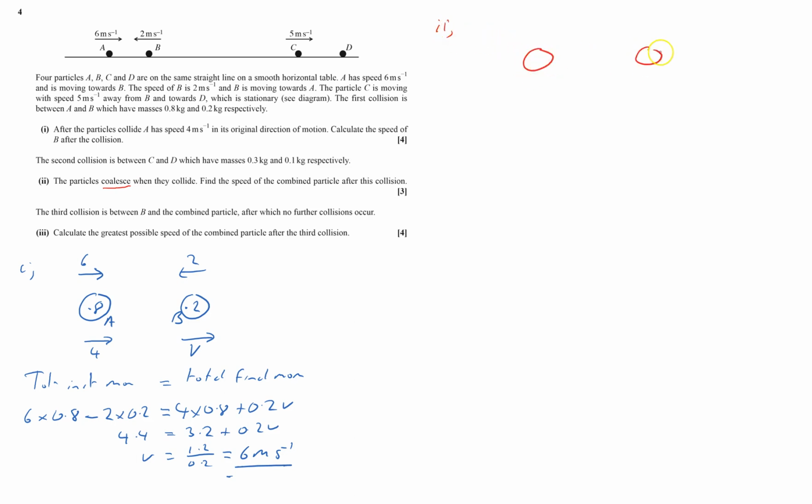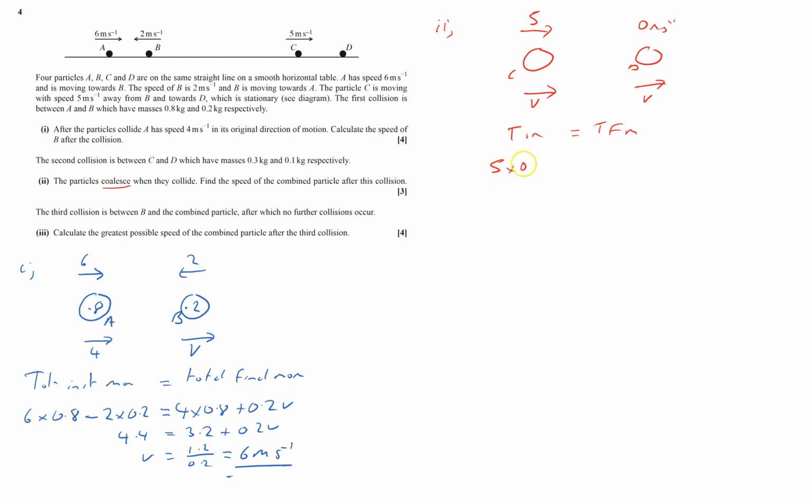One object, label them together. C, D, initial it's 5 and 0 meters per second. And finally, I should perhaps use a different letter. I'm going to use V again, but they're both going to have the same velocity. As always, total initial momentum equals total final momentum. And initial momentum, direction matters again.